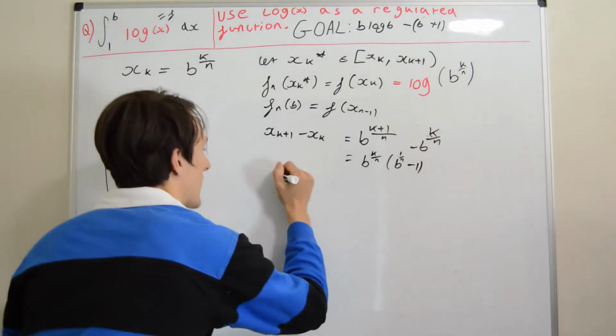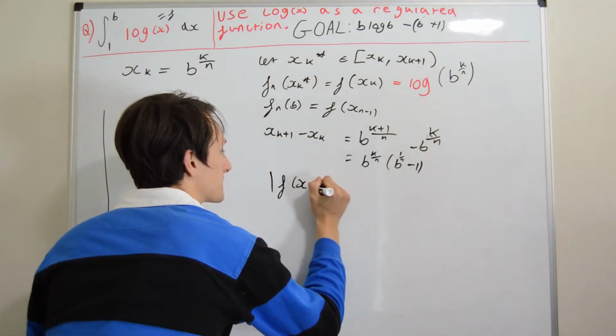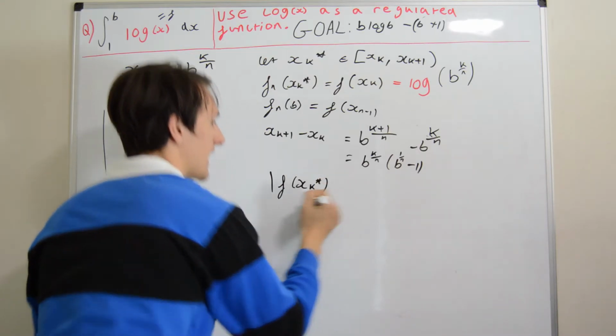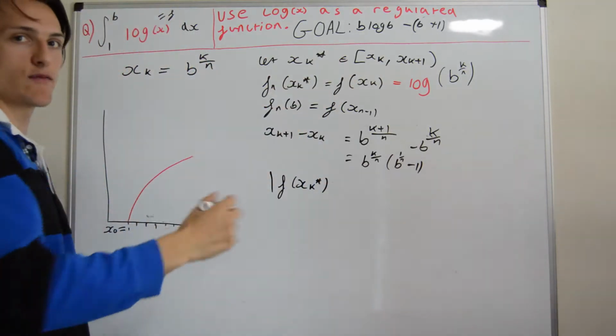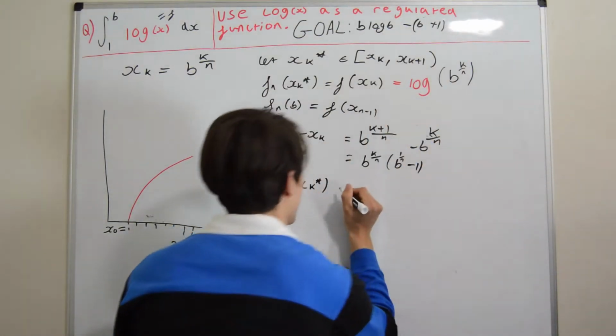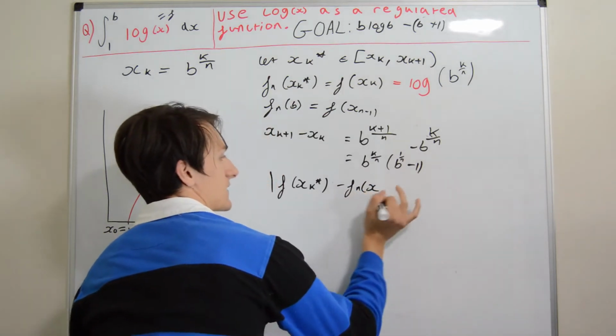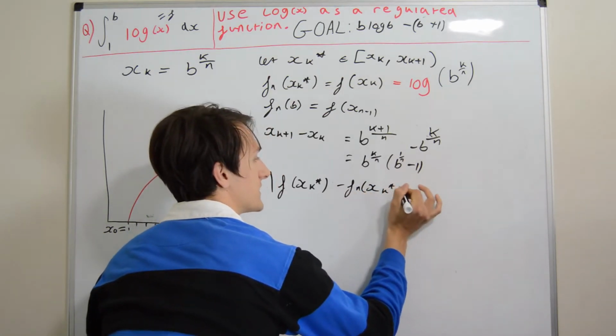Okay, so what do we need? So we have the modulus of f of xk star. xk star represents any random point, so that's what we're interested in. And then we're going to minus fn of xk star.